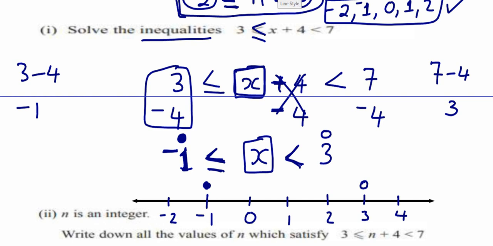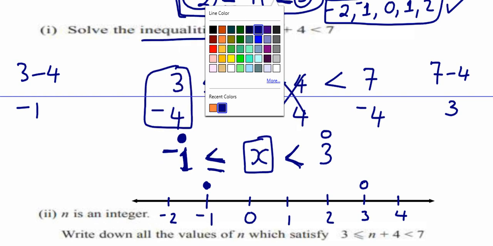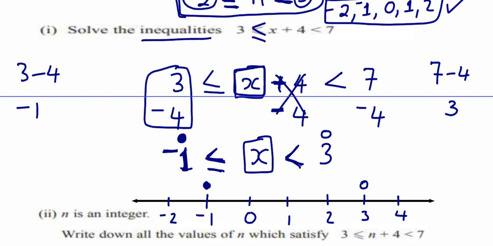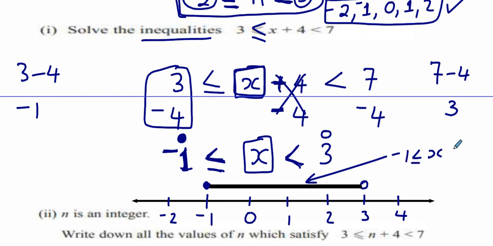And then you take a ruler and join them, from here to here. See that? This number line is for -1 is less or equal to x is less than 3. So all the numbers between -1 and positive 3, that's what we are talking about.